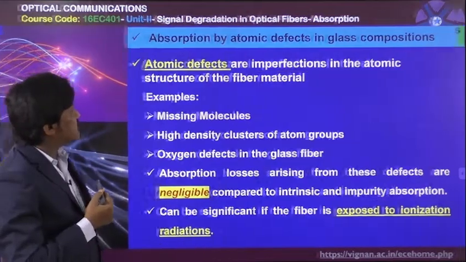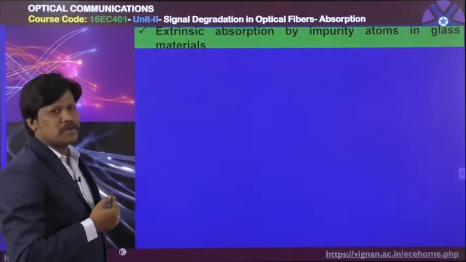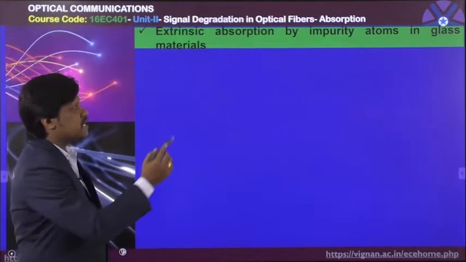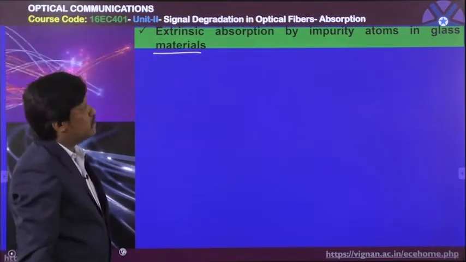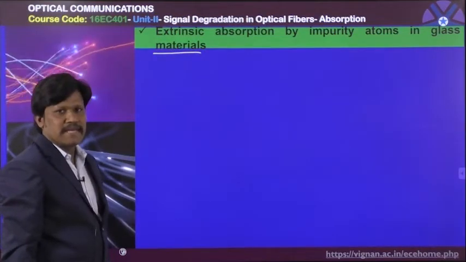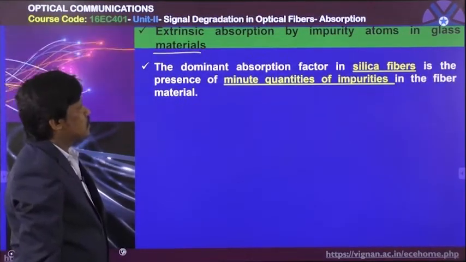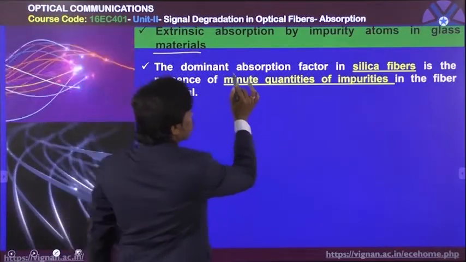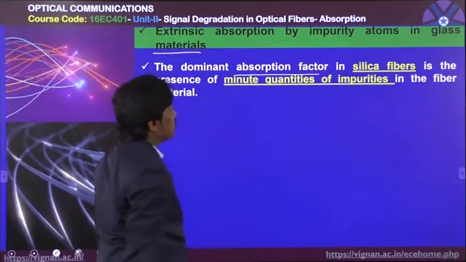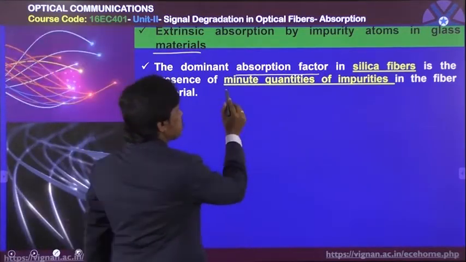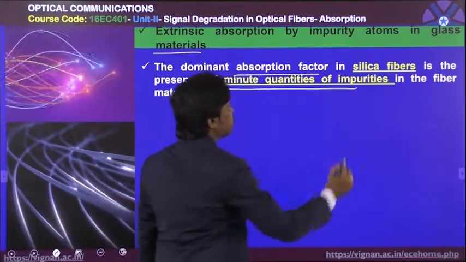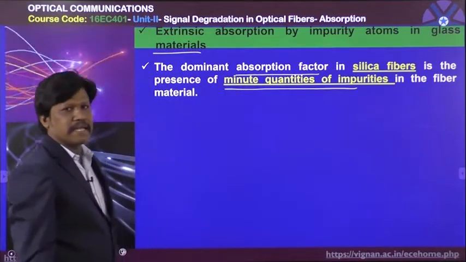Next is extrinsic absorption by impurity atoms in glass material. One of the dominant absorption factors in silica fibers is the presence of minute quantities of impurities in the fiber material.